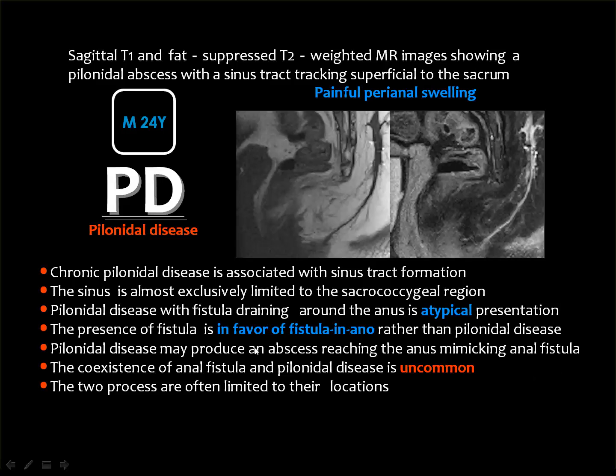If you detect a fistulous opening, this is in favor of the diagnosis of fistula in ano rather than pilonidal disease. Pilonidal disease may produce an abscess reaching the anus, mimicking an anal fistula. The coexistence of anal fistula and pilonidal disease is uncommon, and of course there are still certain anatomic locations for both diseases, one in the perianal area and one in the back of the sacrum.